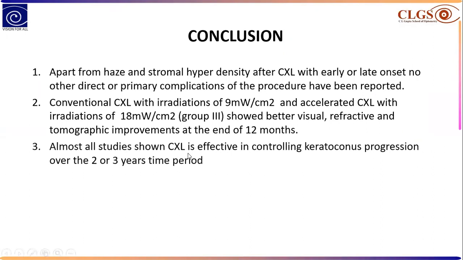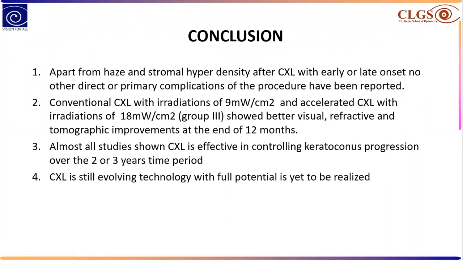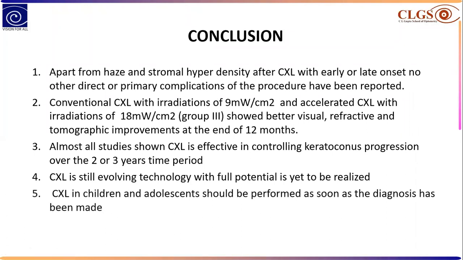Almost all studies show CXL is effective in controlling keratoconus progression over a 2 or 3 year period. But as I said at the beginning of my talk, CXL is still a very new technology, so the full potential is yet to be realized. CXL in children and adolescents should be performed as soon as the diagnosis has been made, because the chance of progression is very high in children.